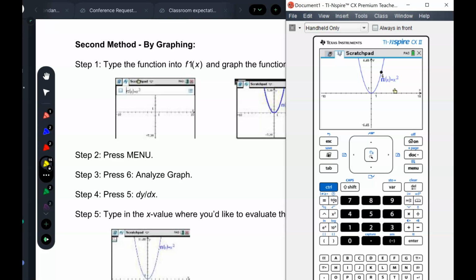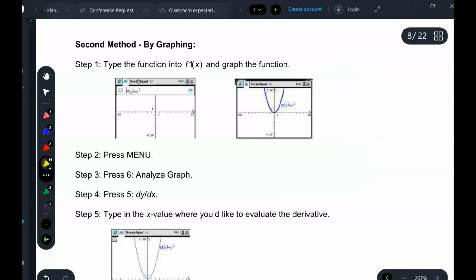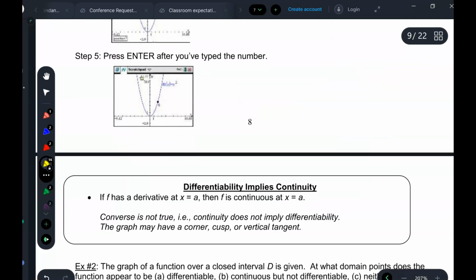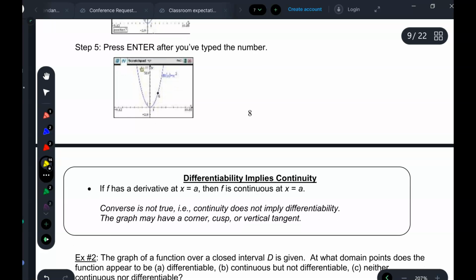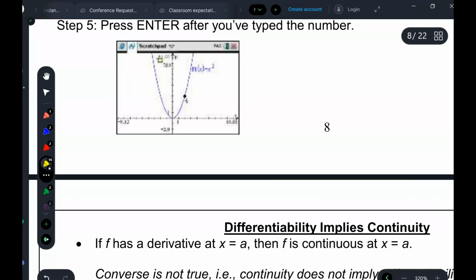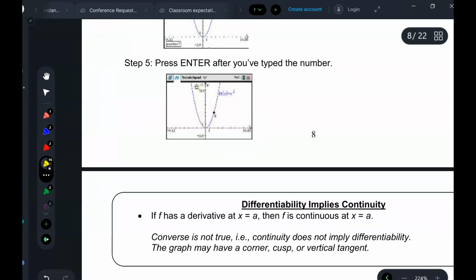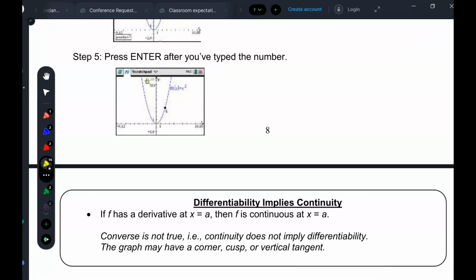Oh, because yours just takes you straight to what our graph does. That makes sense. You just have to plug in the value. Oh, okay, so it won't show it to me like as the equation. Right? Okay, did we all get 4? Yeah. Yes. Oh, you gotta press that button. You have to press enter after you've typed the number.